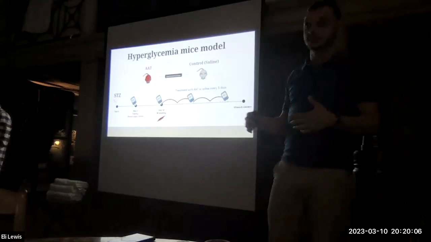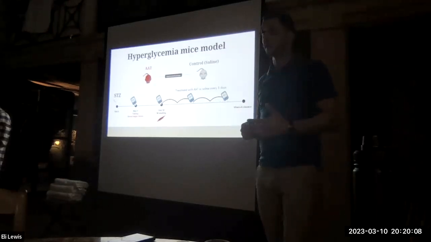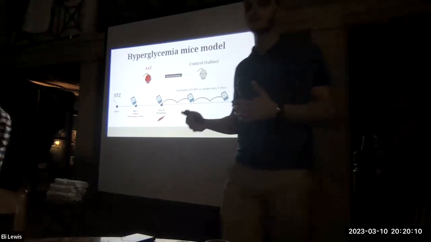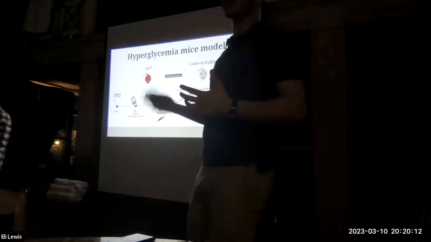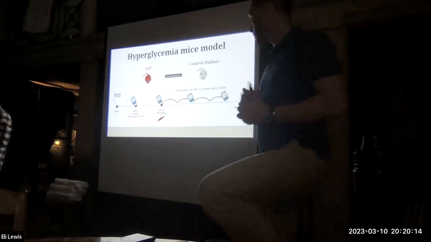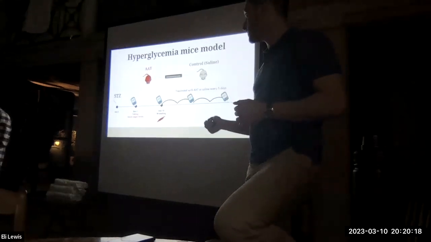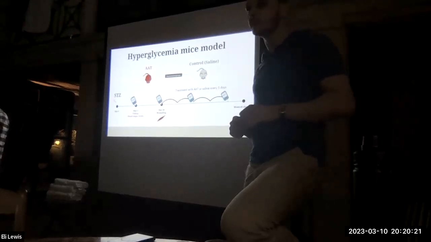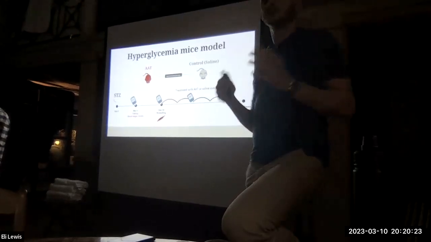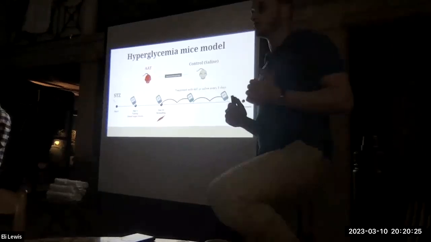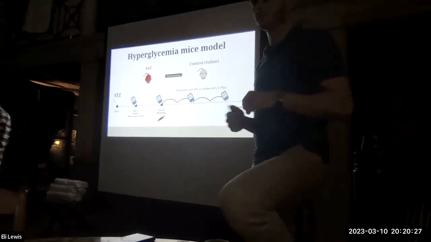Fortunately for mice, they don't usually have diabetes in nature, and we had to somehow induce conditions that are a good model for research of type 1 diabetes. We used a substance called STZ, streptozotocin. This is an alkylating agent which we use as chemotherapy, an analog of glucose.